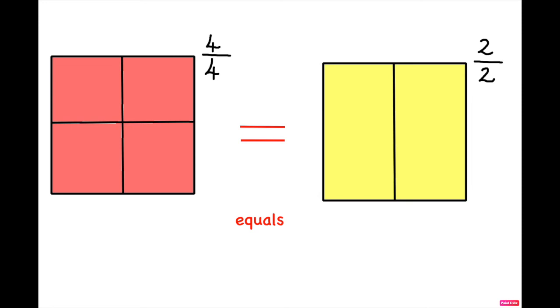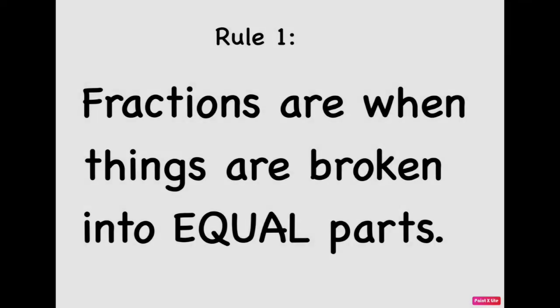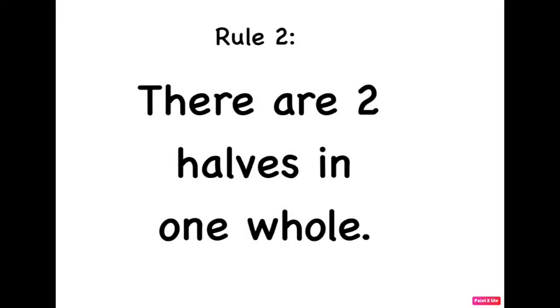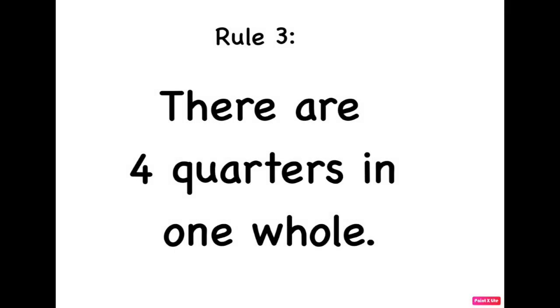Before saying goodbye, let's revise all of our rules for today. Number 1. Fractions are when things are broken into equal parts. Number 2. There are 2 halves in one whole. Number 3. There are 4/4 in one whole.